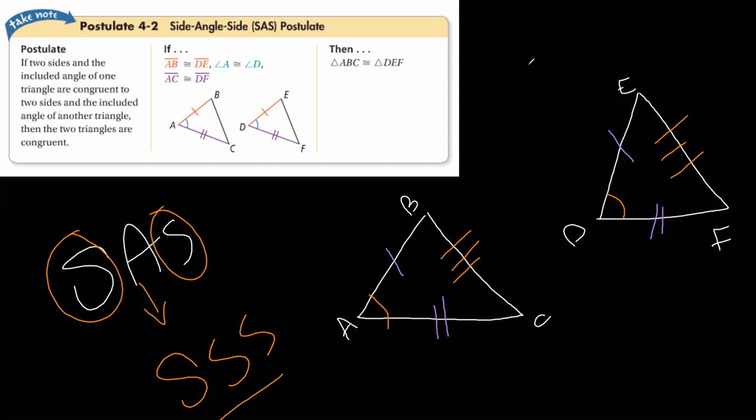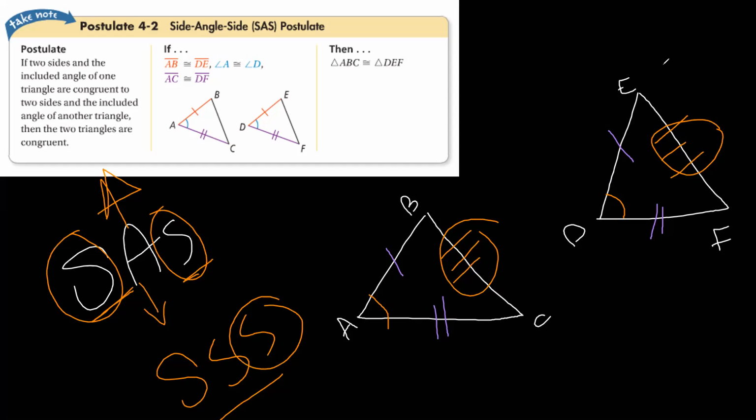So if you use SSS and you prove that two sides are congruent, you need to prove the third side. But if you use the postulate SAS and you have two sides congruent, you need only the angle between them. Is it clear now? Yes, teacher.